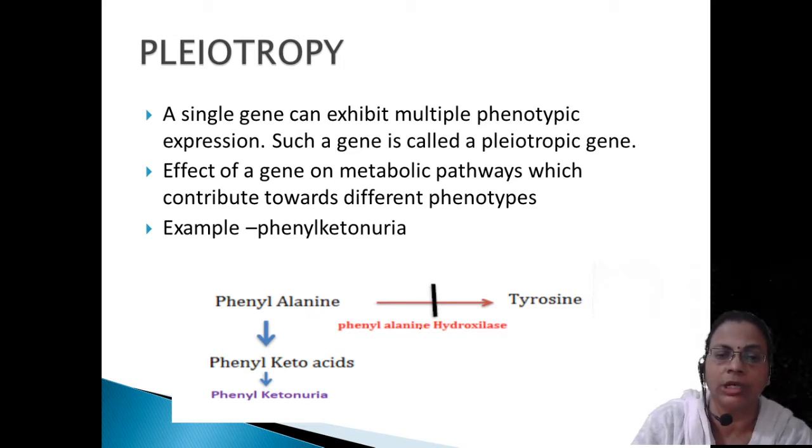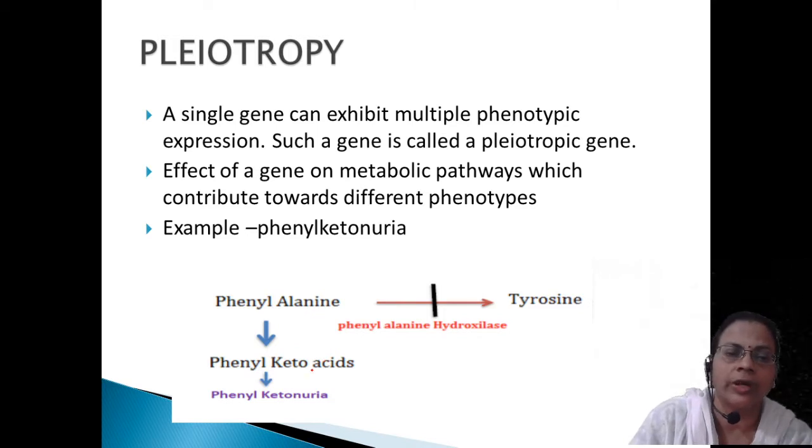As a result, since the enzyme is absent, the phenylalanine cannot convert into tyrosine. Instead of that it will go for another route. That means it will be converted into phenyl keto acids. Generally we say phenyl pyruvate, or we can categorize them as phenyl keto acids.